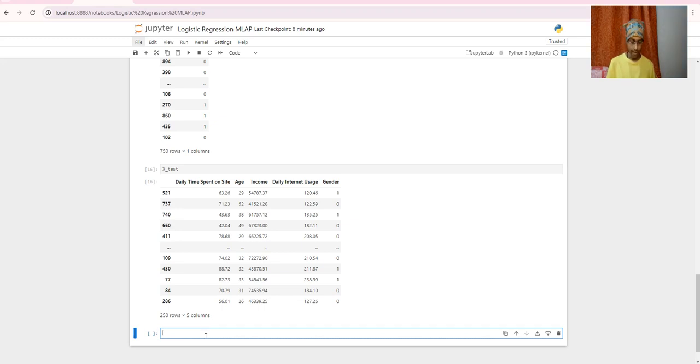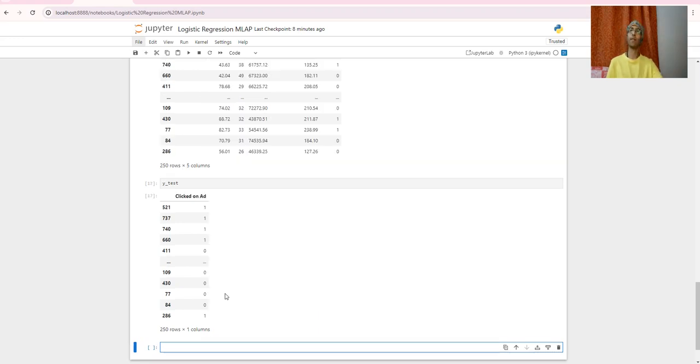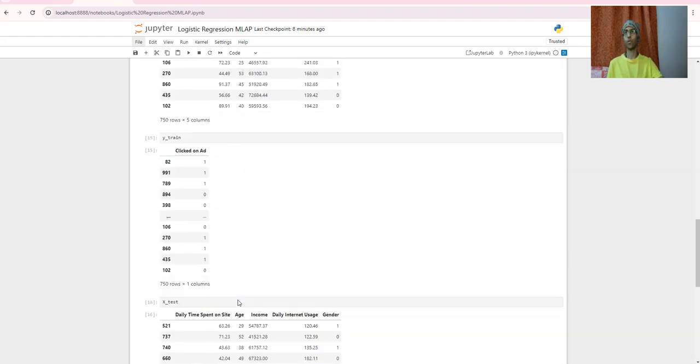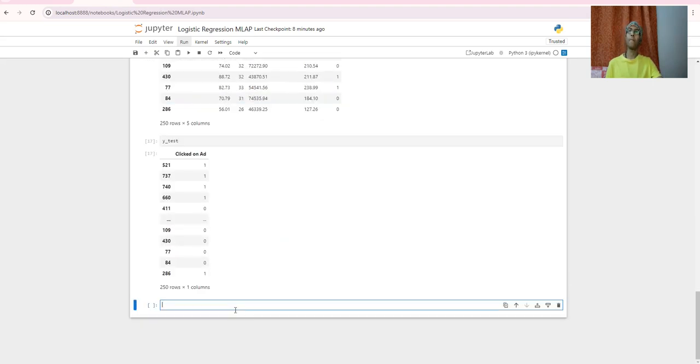Yes. y test, 250 rows and 1 column. It should be, right? And here it is. So we have split the data successfully to our desired ratios. So friends, splitting is all good. We have split the data and the data is ready for the model fitting.